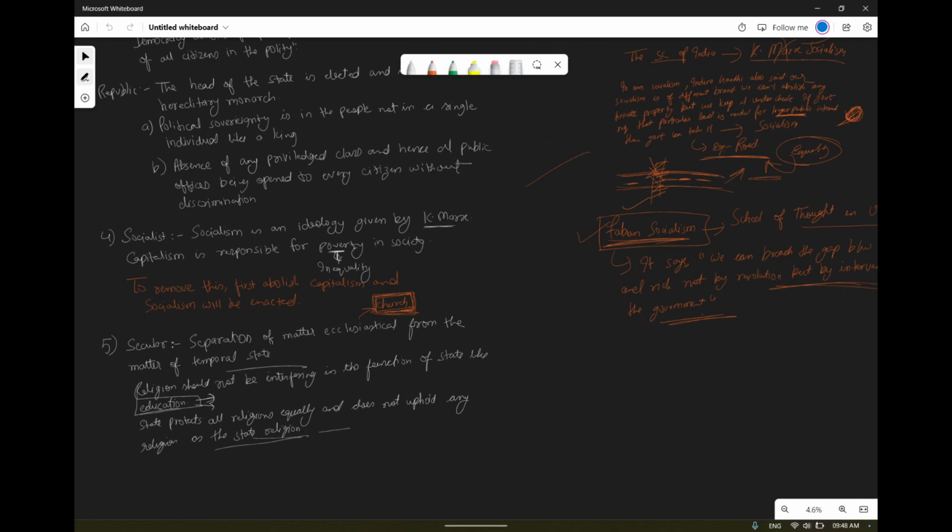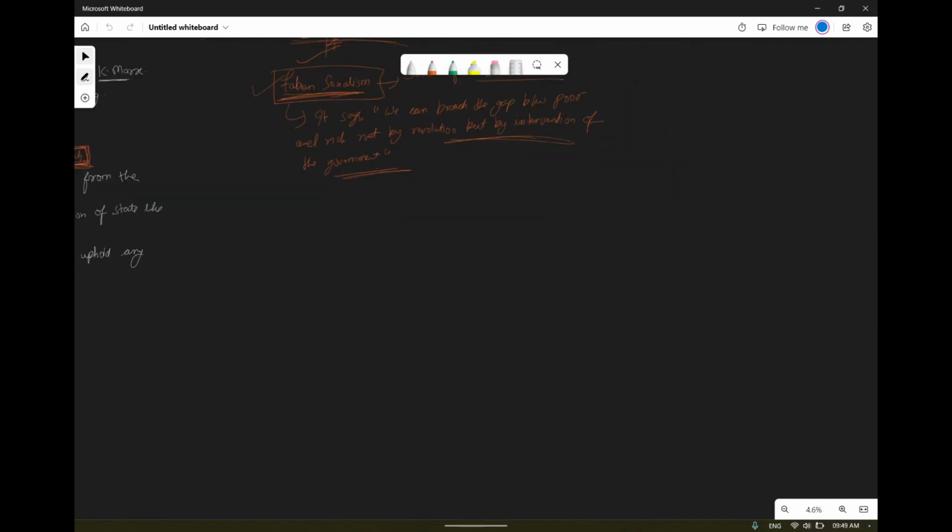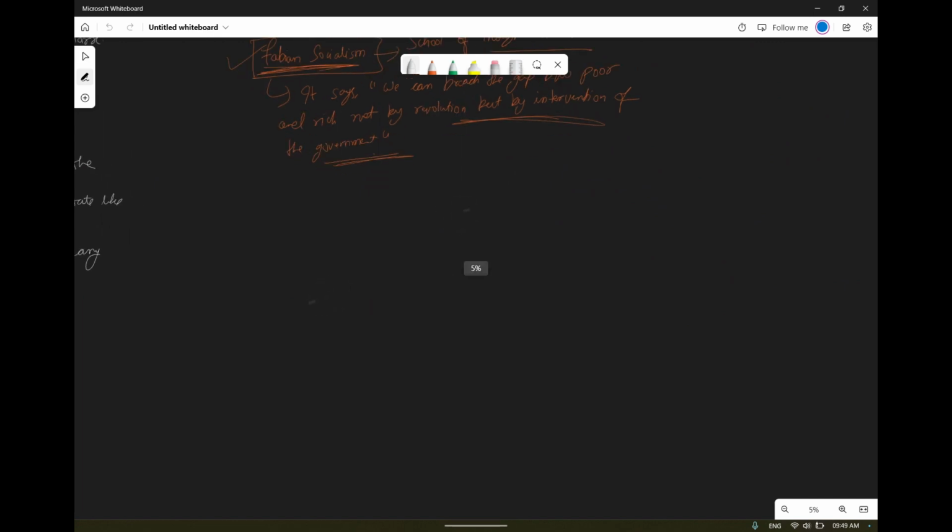Okay, secularism. In our secularism, the state has a right to protect any religion, and religion should not interfere with the functions of the state, like in the education or school system. We'll understand secularism in more concept for a few nations, what exactly secularism means in other nations.